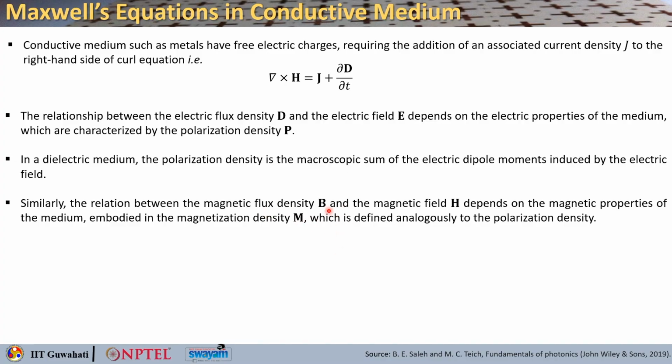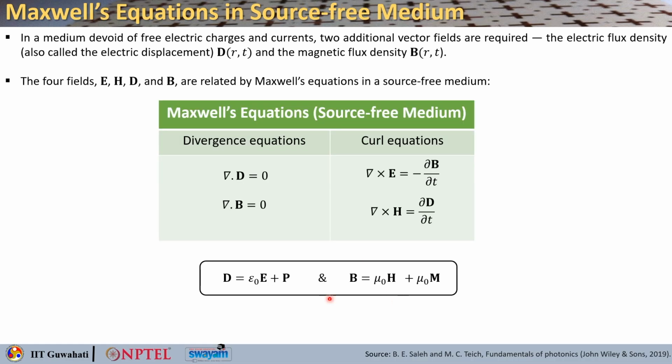And if you think of the magnetic flux density equation, you will see that the magnetic flux density B depends on the magnetic field H, and also on the magnetization density M, which is very similar to the polarization density. So, this happens in a medium in the presence of an external magnetic field. So, your equations are basically this.